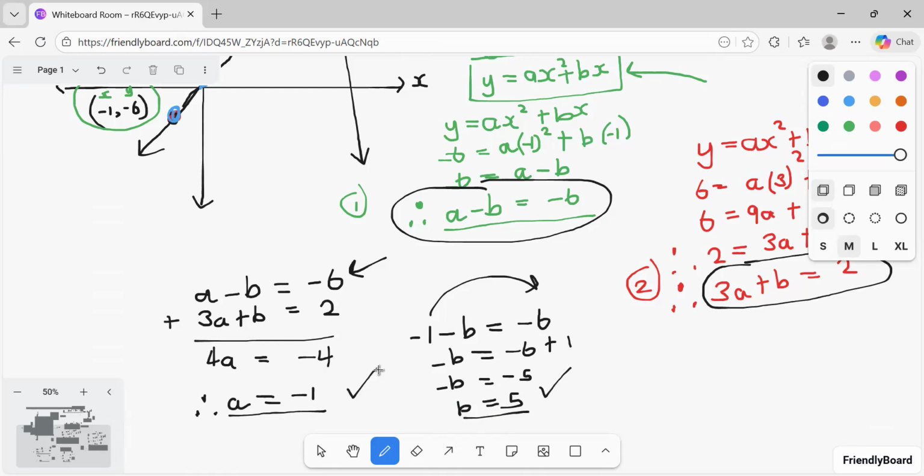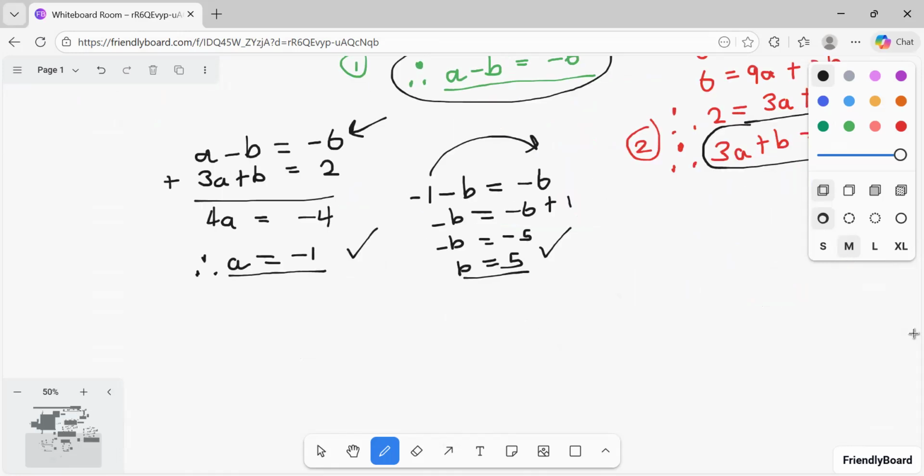Now that I have my a, my b, and my c, which happens to be 0, of course, I'm going to sub them into the equation again so that I can obtain the equation that they want us to find, the equation of this quadratic function.